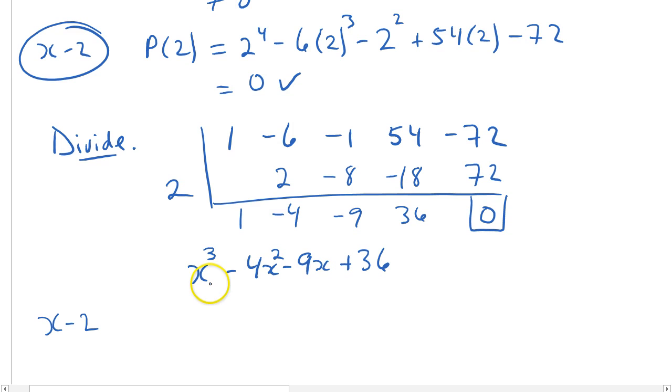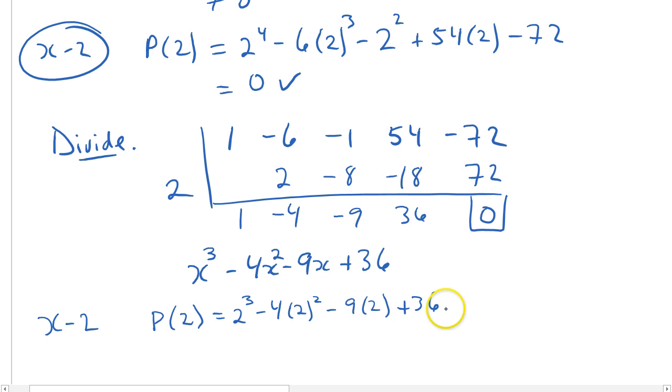So now it's going to be with this. After I did synthetic division, once I've divided my longer polynomial by x minus 2, this is my first quotient here. So now I'm going to say this is going to be p of 2, and so it'll be 2 cubed minus 4 times 2 squared minus 9 times 2 plus 36.